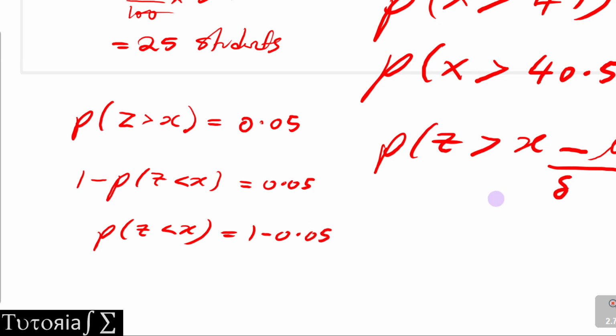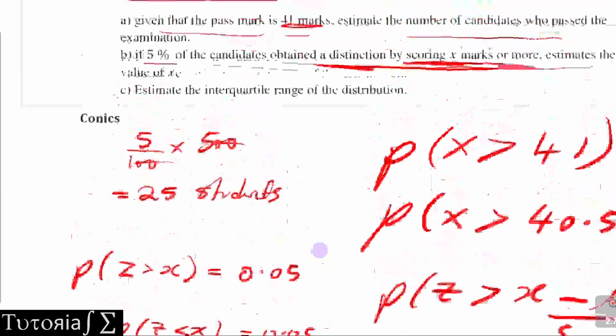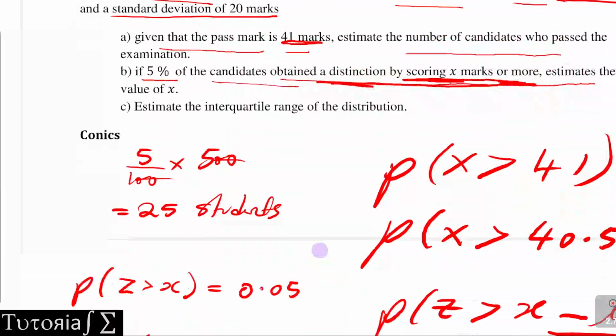So 1 minus 0.05, that will be 0.95. So we're looking for what value of x will give us 0.95. Okay, so what value of x will give us 0.95? So again, we go to the table. So we do what we did in the previous question.